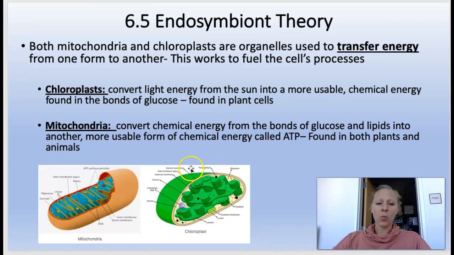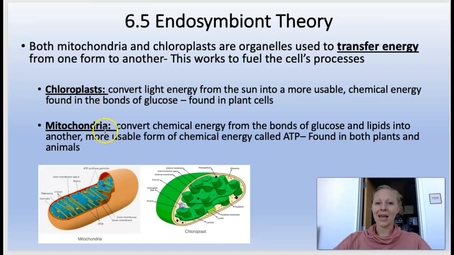Let's talk quickly about what each of these do. So chloroplasts take light energy from the sun. They're found in plants, and they convert that light energy into a more usable form called chemical energy stored in the bonds of glucose. And so that is the job of chloroplasts.